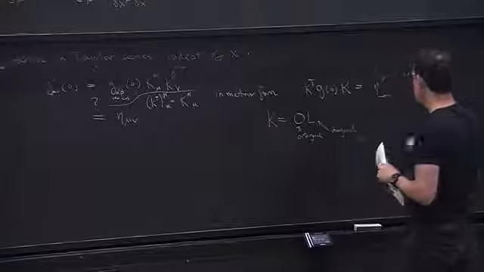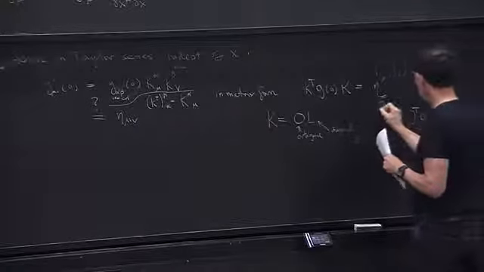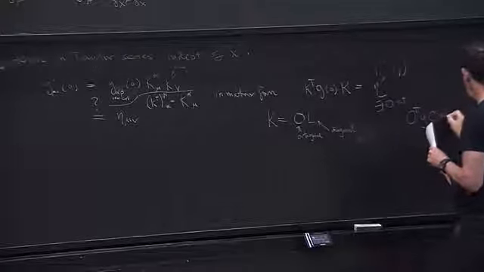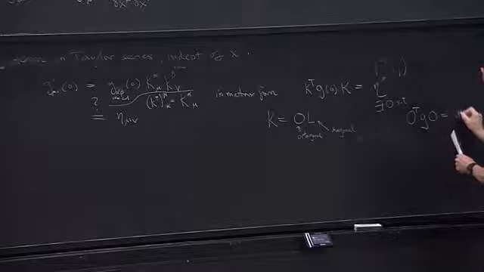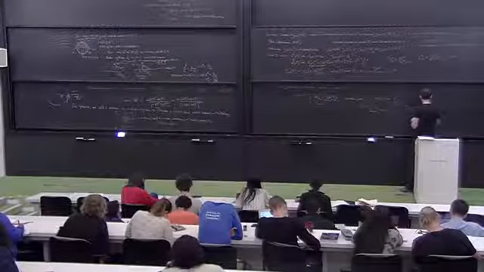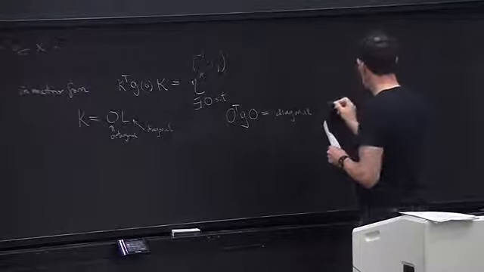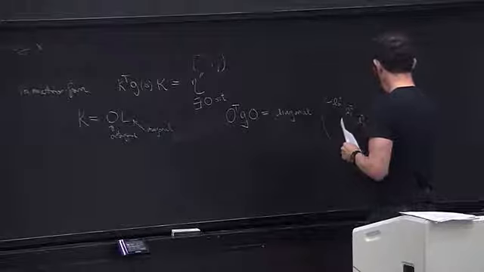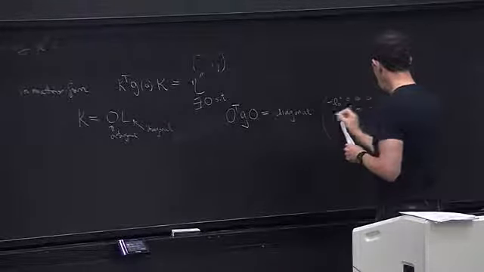So there exists an O such that O transpose G O is equal to a diagonal matrix, and I'll write it as follows: L0 squared, L1 squared, L2 squared, L3 squared. I'll explain this in a moment. These are zeros, so it's a diagonal matrix.